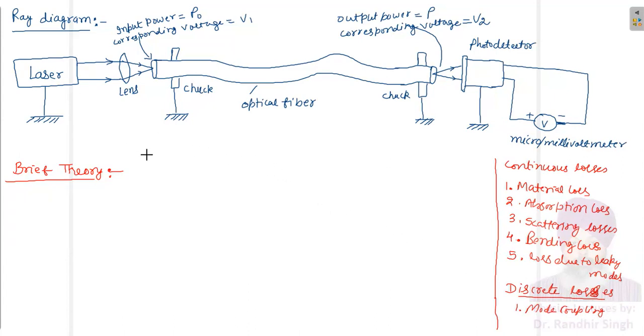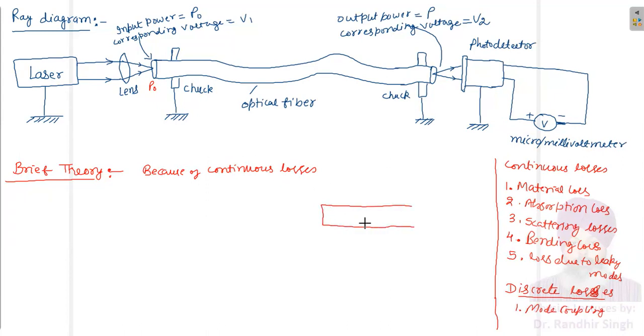So let me tell you that because of continuous losses, the optical power, let us say it is P0 here. Let me draw a small figure.